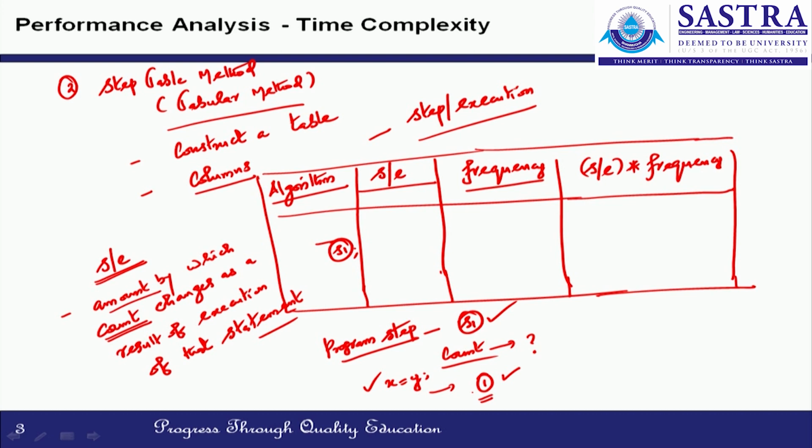The next column is frequency, which indicates the number of times the statement, say S1, is executed.